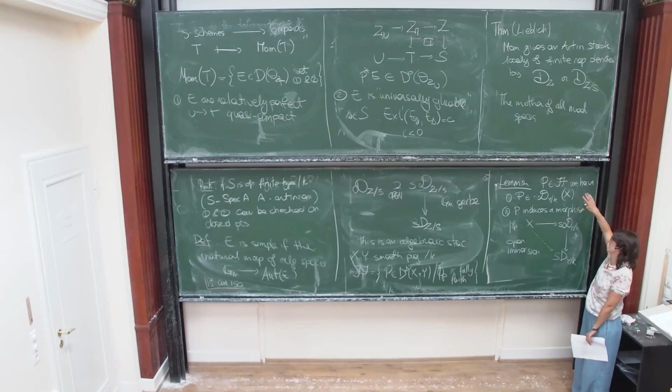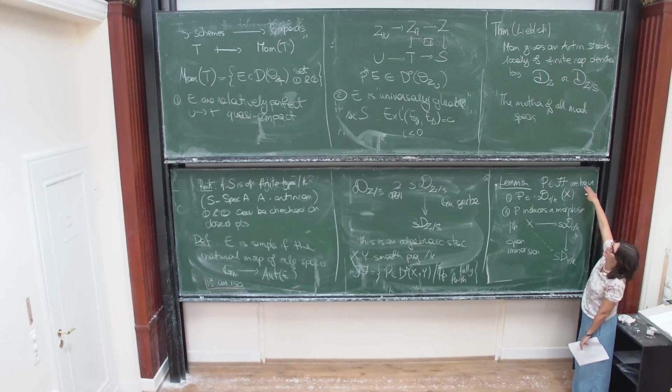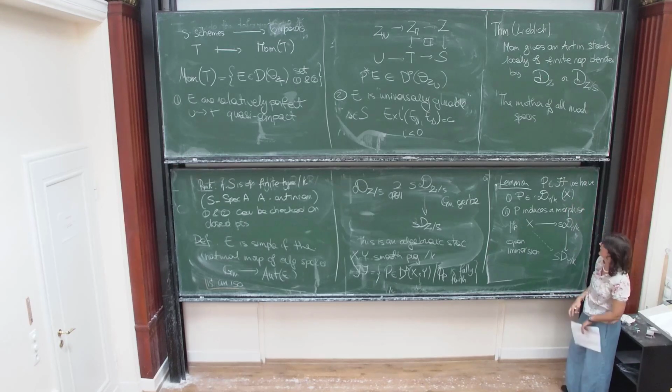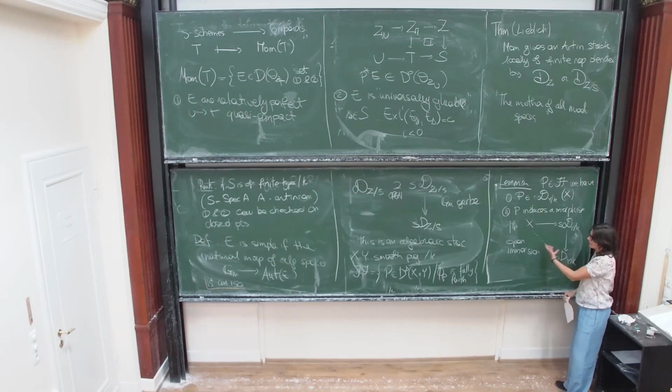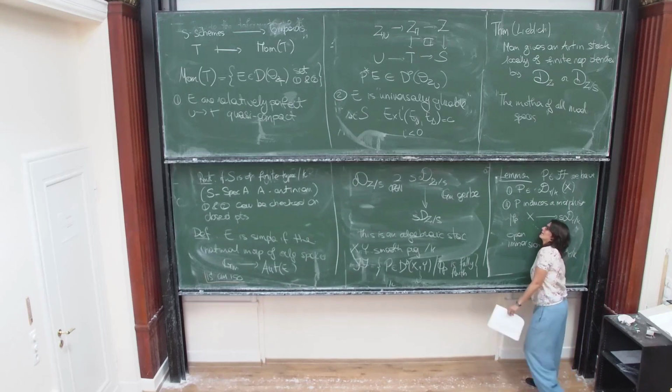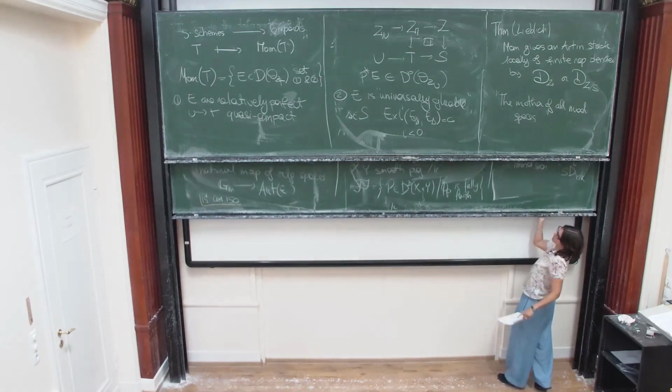You have to check that this is universally gluable, and the other one, relatively perfect, and then you get the morphism, and then you have to check the isomorphism of the tangent spaces. So if I have time, I will prove this lemma at the end of tomorrow.